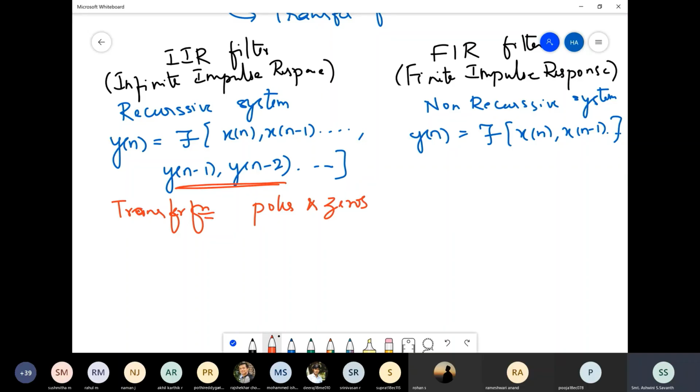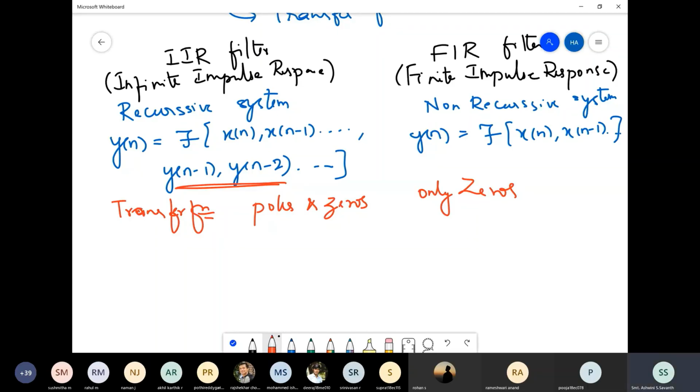Whereas your FIR filter consists of only zeros. It will not have poles in it. There are no poles in the FIR filter. So when you write the transfer function of an FIR filter, it will have only the numerator polynomial. It will not have the denominator polynomial.